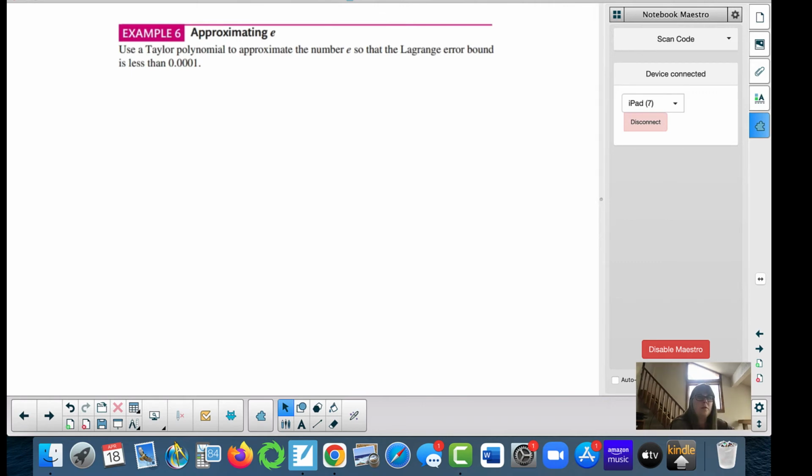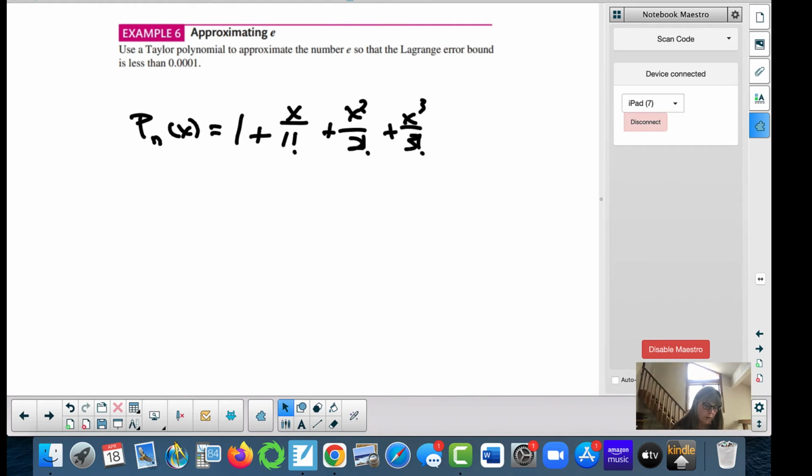So we can use a Taylor polynomial to approximate e, and if we want the error bound to be less than 0.001, we have to figure out what n we're going to use there. So first of all, the Maclaurin expansion for e to the x is 1 plus x over 1 factorial plus x squared over 2 factorial plus x cubed over 3 factorial, up to x to the n over n factorial.